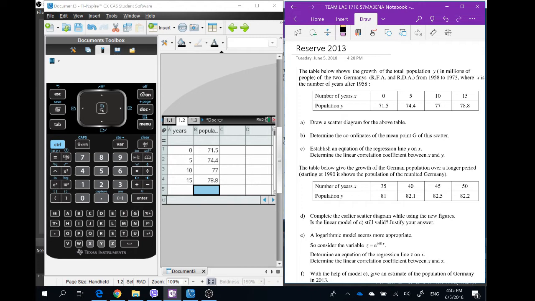When you add these 0, 5, 10, 15, it's 30 divided by 4, which is 7.5, the x coordinate, and we have to add these four population values and divide by 4. This will be the y coordinate of this point.